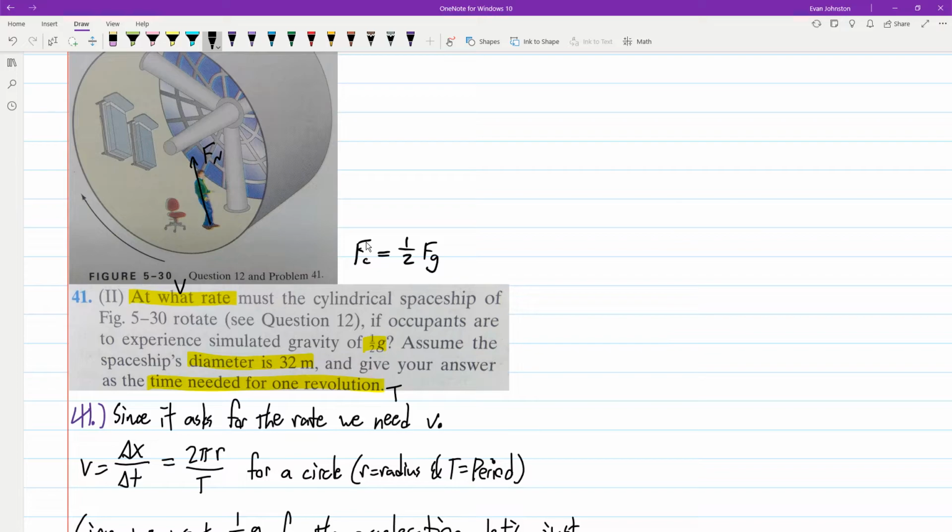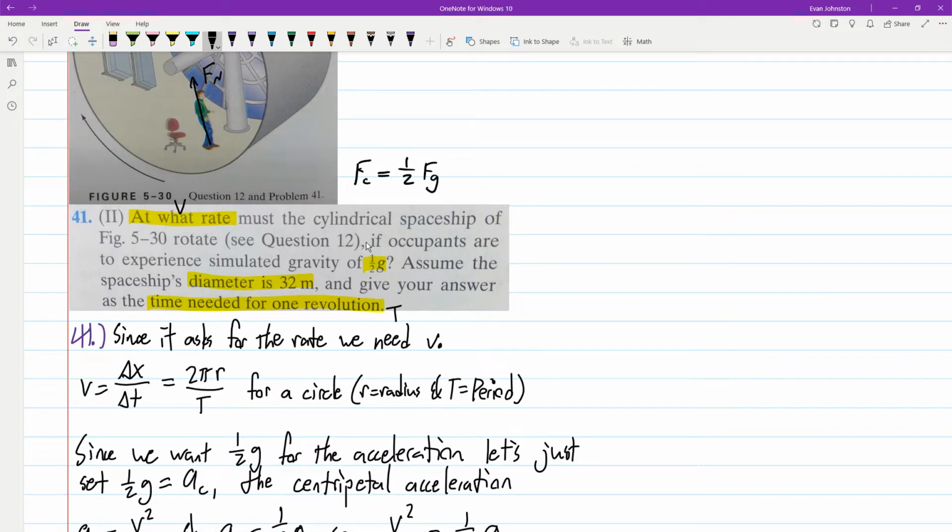And so we know the radius, we know exactly what that is. And so what we can do now is set the centripetal acceleration, because we want 1/2 of gravity to be experienced, equal to 1/2 of G.